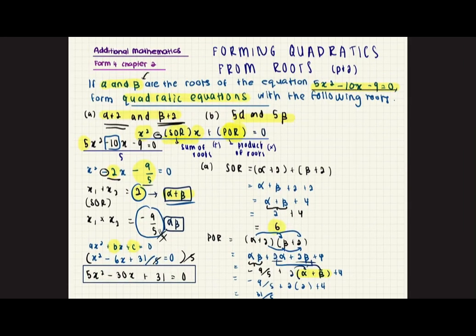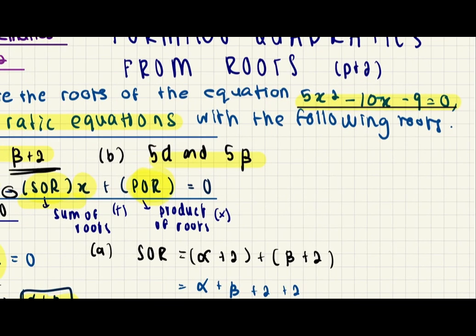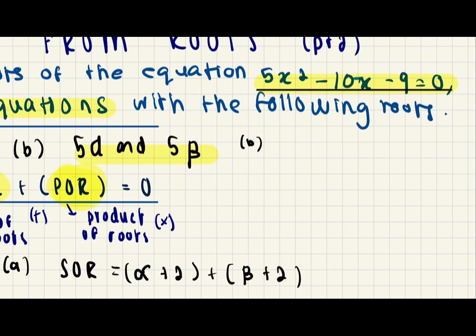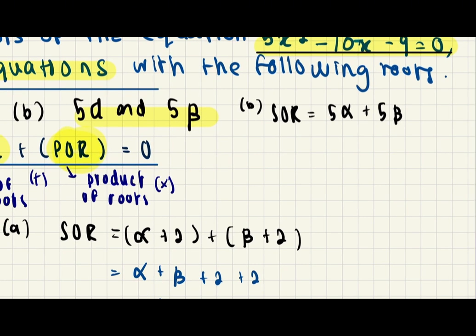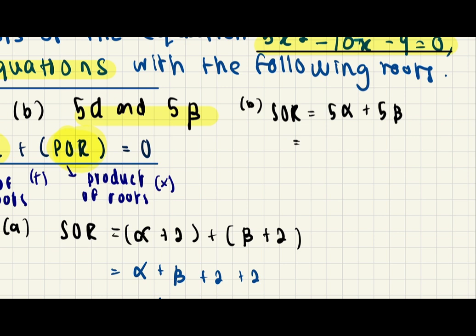Alright, so this is the solution for A. Now what about B? I want to do B now. B says the roots are 5 alpha and 5 beta. So we do the same thing. Our SOR, sum of roots, is basically 5 alpha plus 5 beta. So you can simply factorize this. Both have 5.